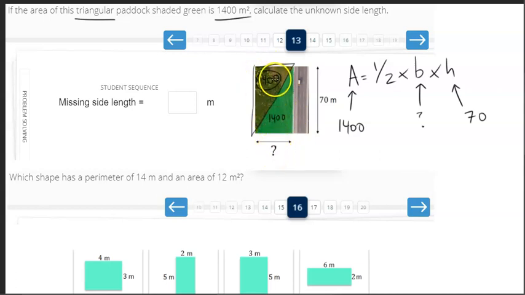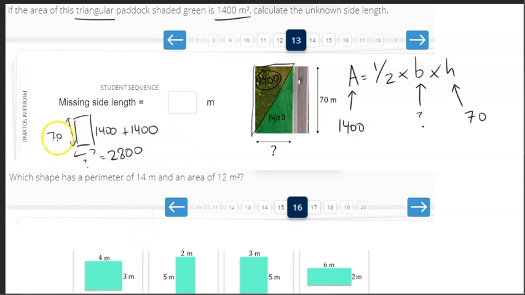So how about we get the area of this full rectangle, which we know is 1,400 plus 1,400, and this is equal to 2,800. Now you'll notice that the height is still the same, and the base length will still be the same. So we still know that this height length is 70, and this base length is unknown.